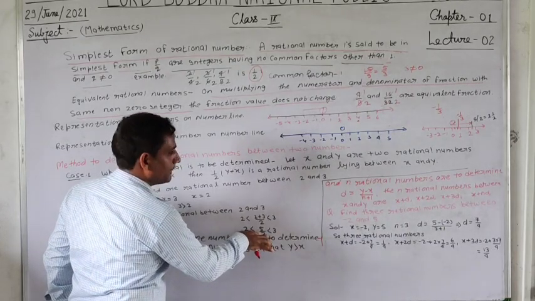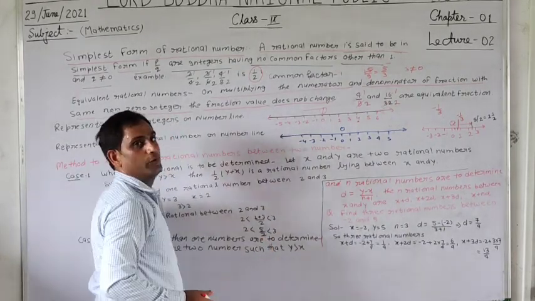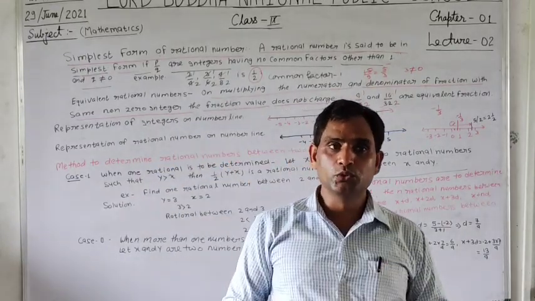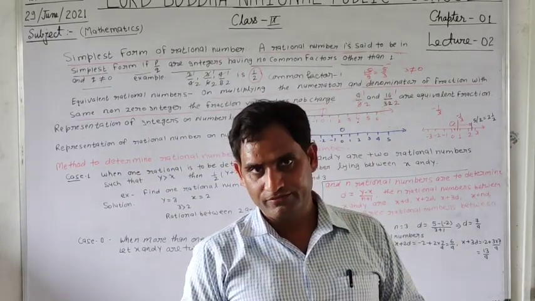The value of 5/2 in decimal will be 2.5, which is greater than 2 and less than 3.